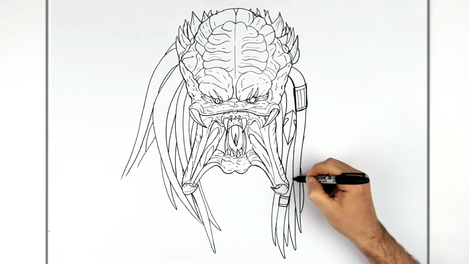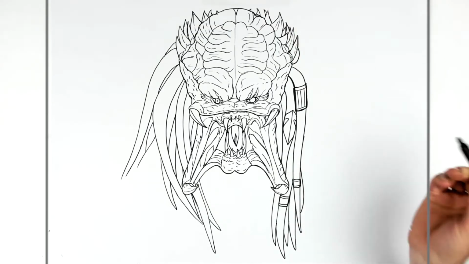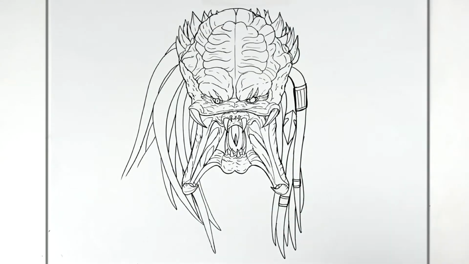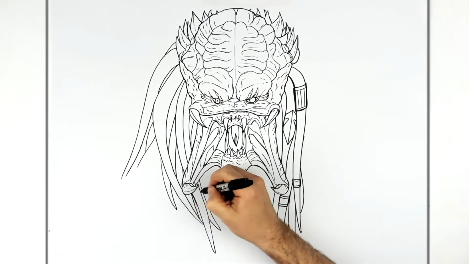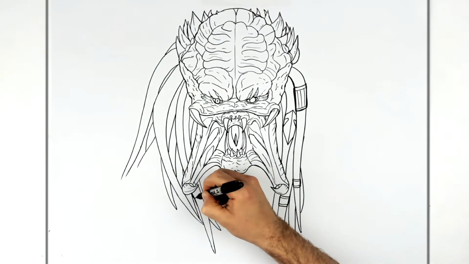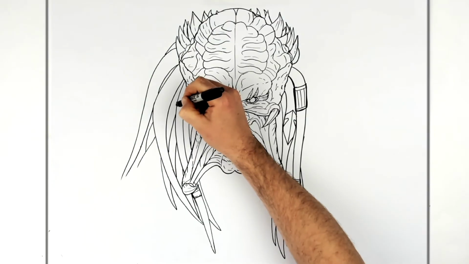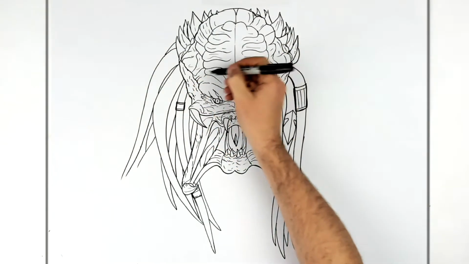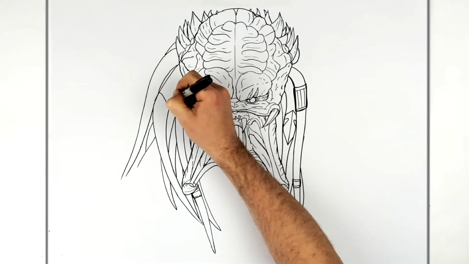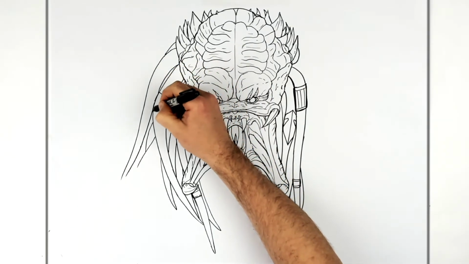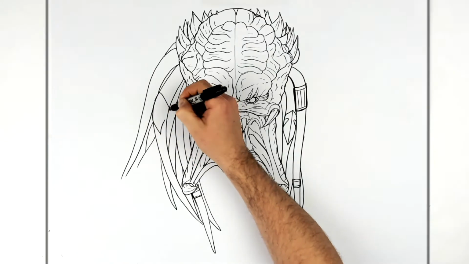Like this, another one here. Another one down here somewhere. A big one here. One of these pointy ones.